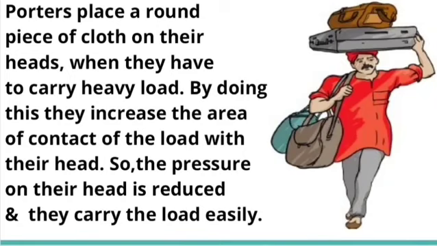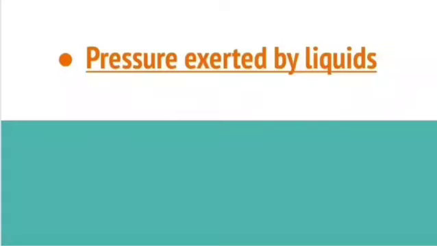So the pressure on their head is reduced and they can carry the load easily. This is the reason they place a round piece of cloth on their head. The reason is to reduce the pressure.